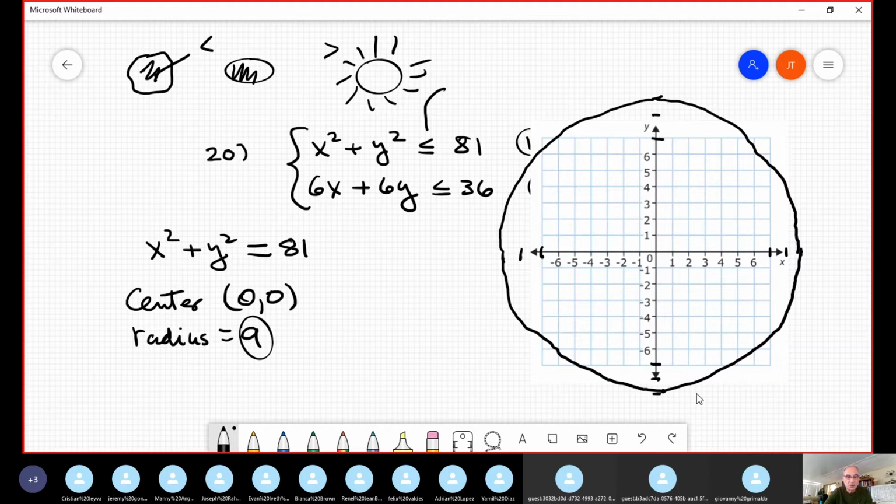Let's go to the line. Well, the line is weird. 6x plus 6y less than or equal to 36. We can divide by 6, right? Yes, we can.